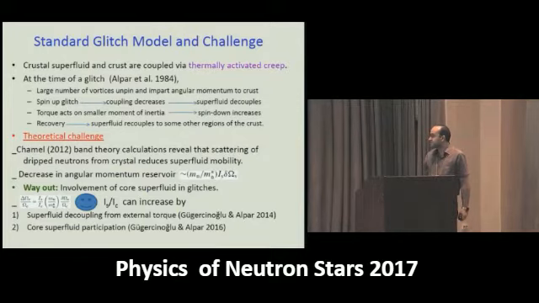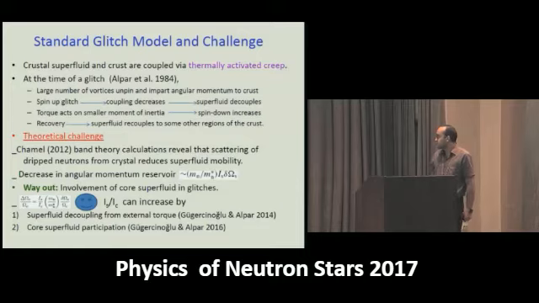The glitch magnitude is related to the part that participates in the glitches. IS is the moment of inertia of the superfluid region that participates in glitches, and IC is the moment of inertia of the parts of the star which couple less than the glitch relaxation process, delta omega s is the change in the superfluid angular velocity, and delta omega c is the rotation rate of the crust.